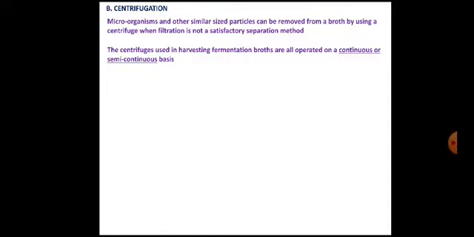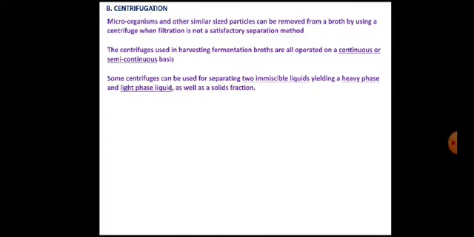These centrifuges, which are used for the harvesting of fermentation broth in industries, are all operated on a continuous or semi-continuous basis because industries have to handle large volumes of fermentation broth.